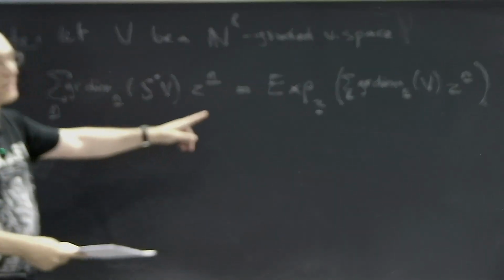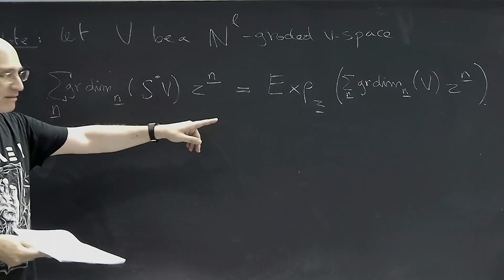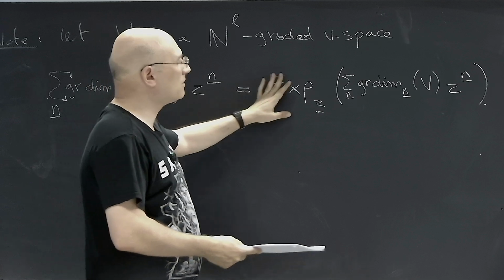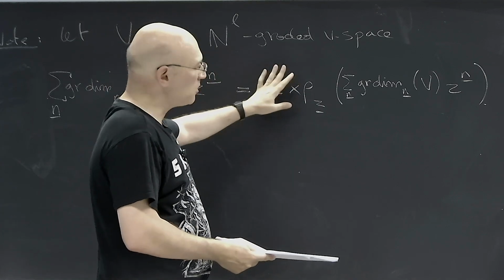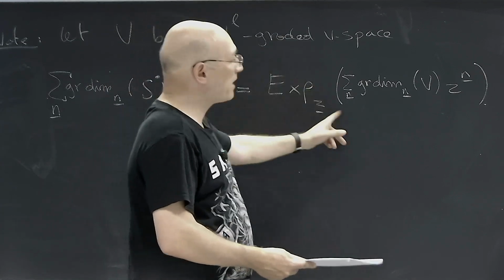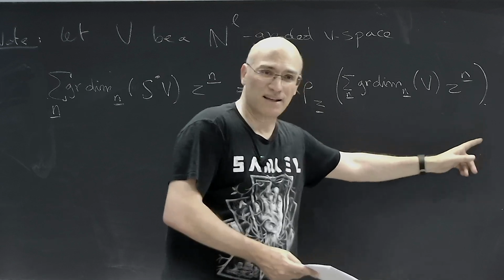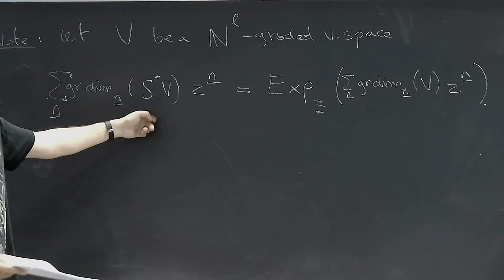Okay, so the plethystic exponential is exactly the combinatorial machine that takes the graded dimension of a graded vector space and spits out the graded dimension of the symmetric algebra of that vector space.